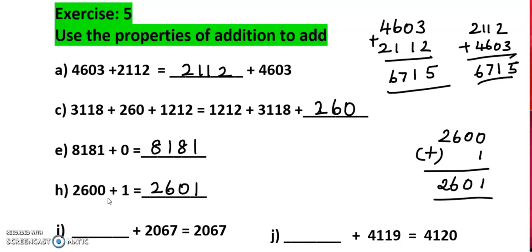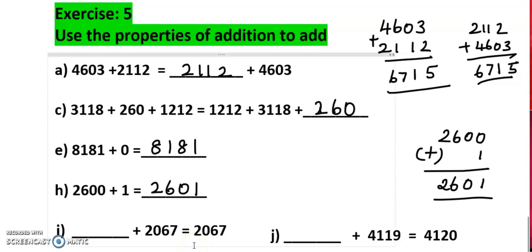Okay. Next, dash plus 2067 equals 2067. So what number, if you add it to this 2067, gives you the same number 2067?